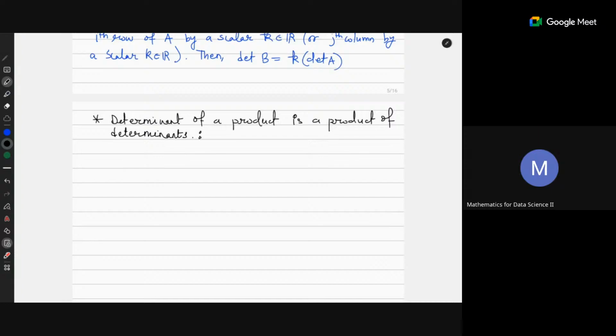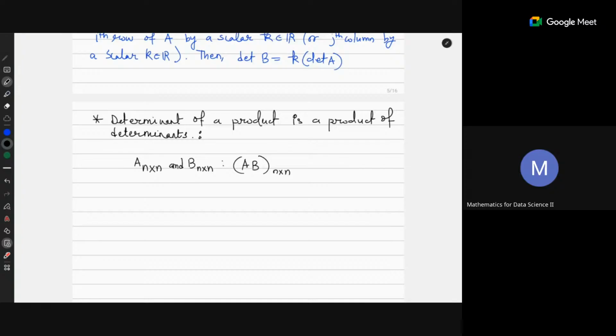So what does it mean? If A is n cross n and B is also an n cross n matrix, then we have talked about the product AB because the number of rows and number of columns match. So for any square matrix, you can always talk about the product.